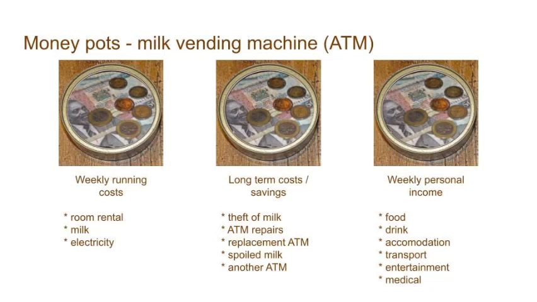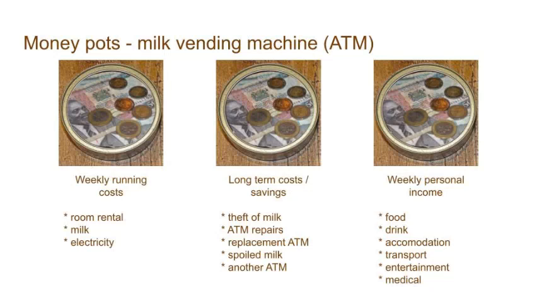Maybe that it completely breaks down and in the future you need to buy another ATM. You may need to pay for milk that is spoiled because the refrigeration goes off. And thinking about growing the business in the future, you might want to save up to buy another ATM, so you can have 2 ATMs.